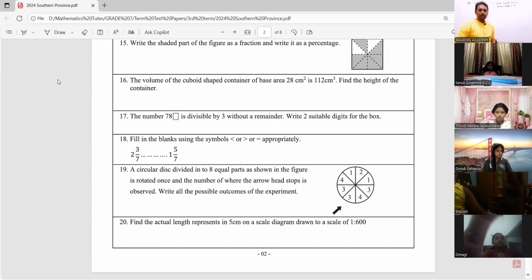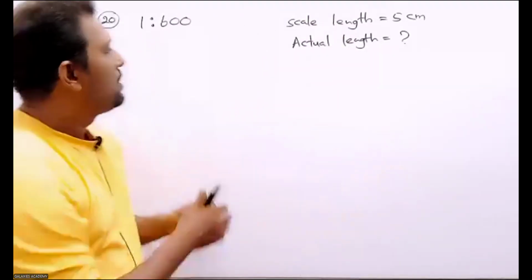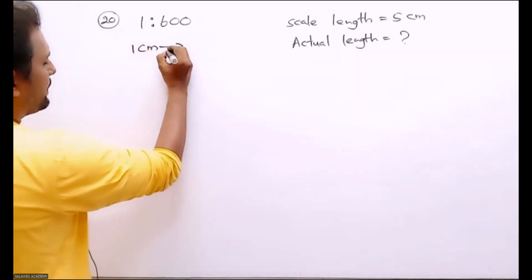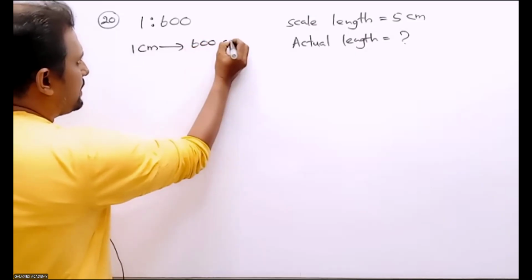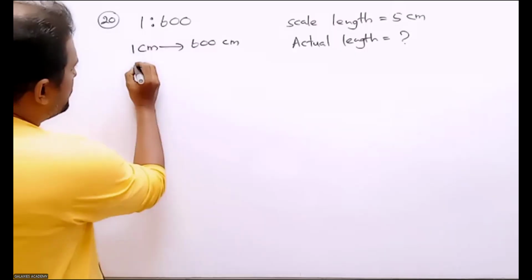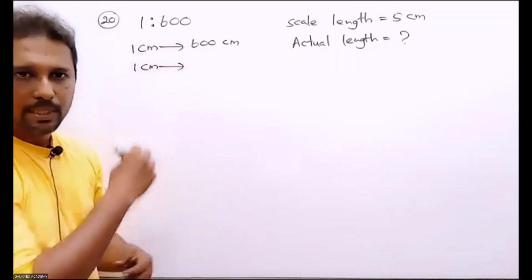Okay, then what you can do? You check what is the meaning of this ratio. 1 to 600 means 1 centimeter represents 600 centimeters, no? Then this 600 centimeters I can convert into meters.